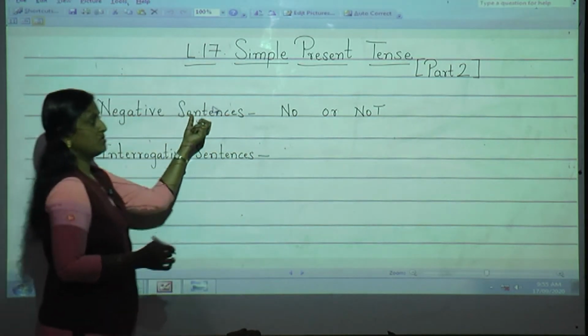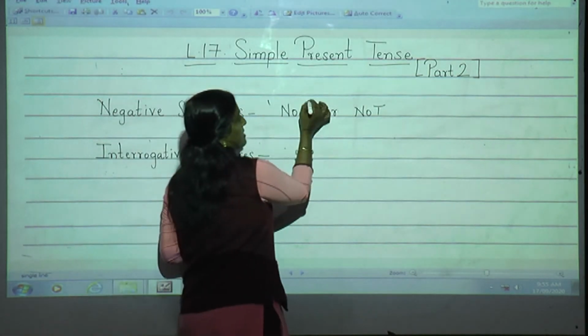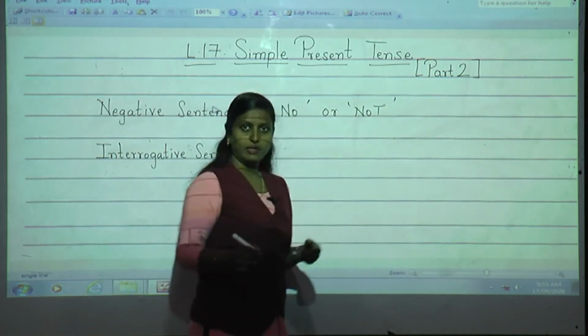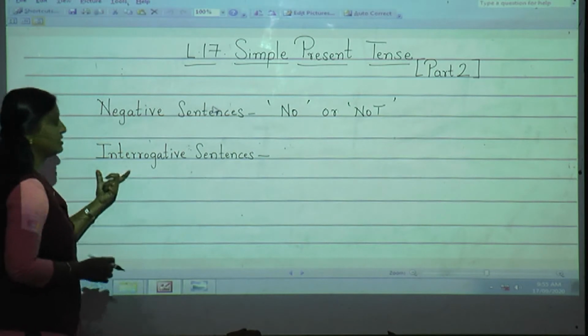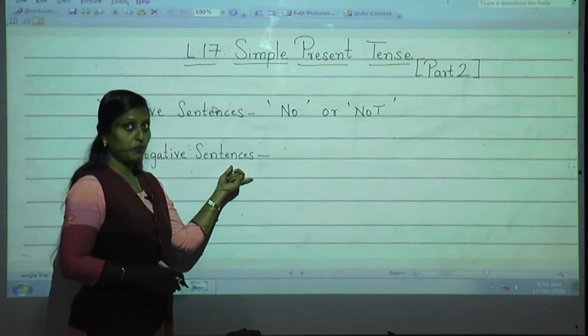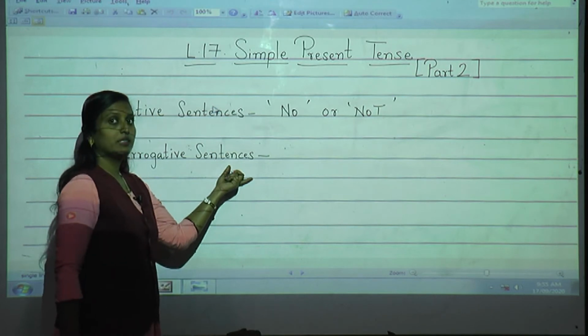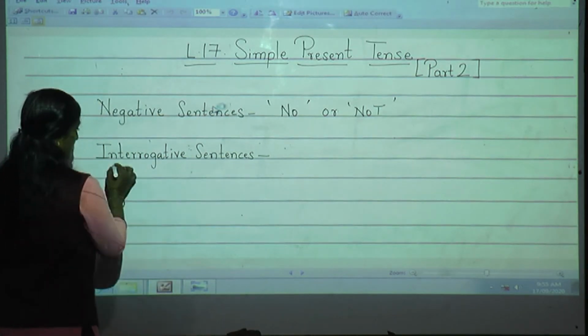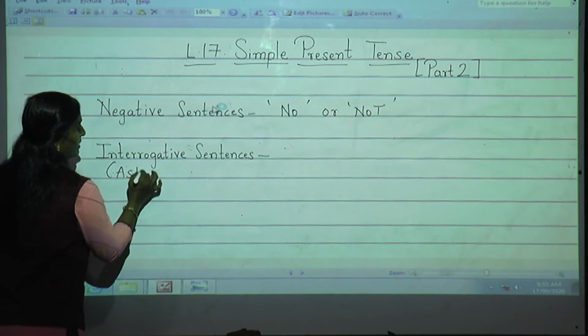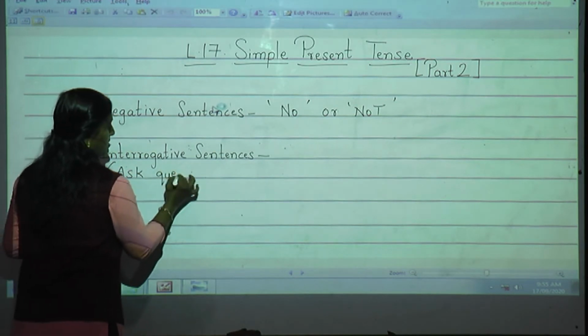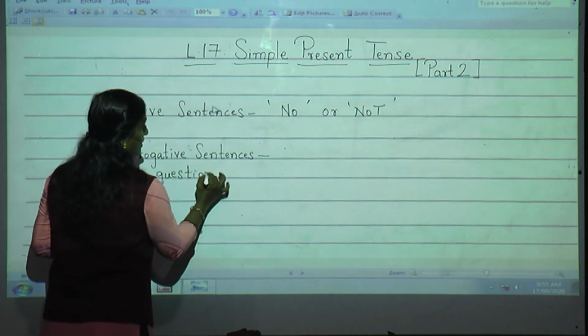Negative sentences means when the sentence has the word no or not. Do you remember what we have learned in interrogative sentence? Yes, interrogative sentence means when we ask questions.